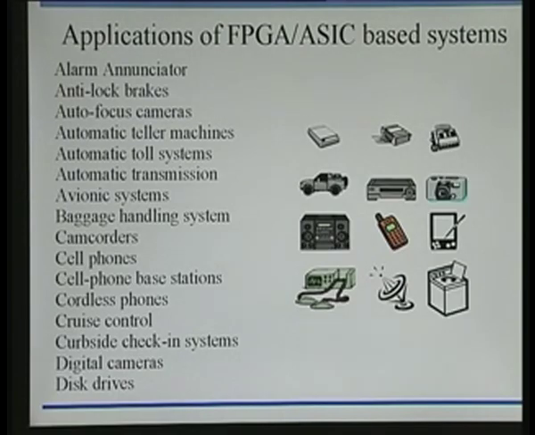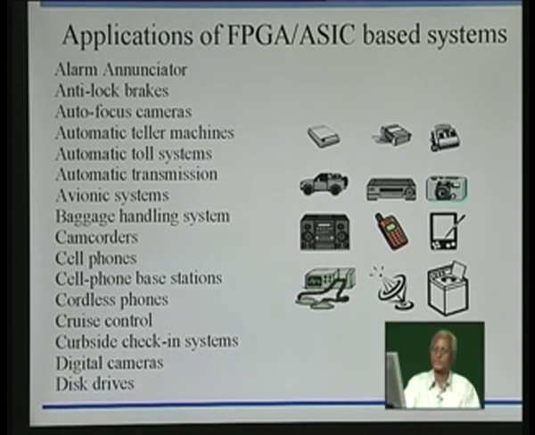And naturally you can have a camera which will focus all by itself. You just shoot any scene, and it will automatically adjust its focal length. All these call for lots of intelligence being embedded in the chip that you are going to design.